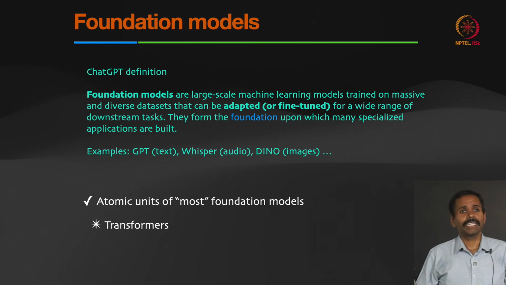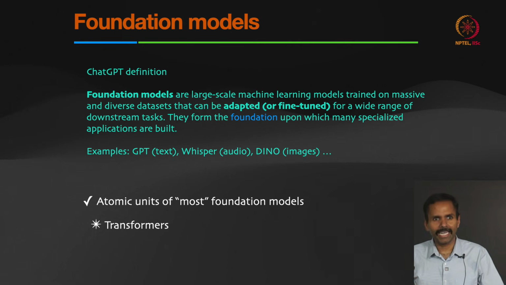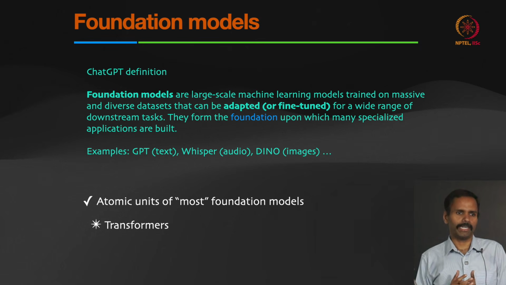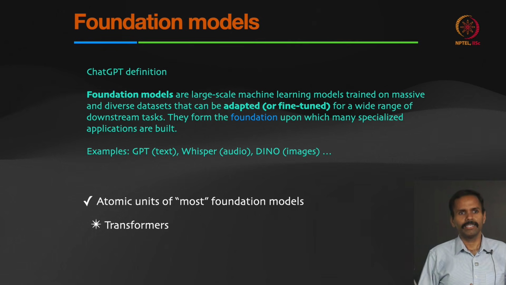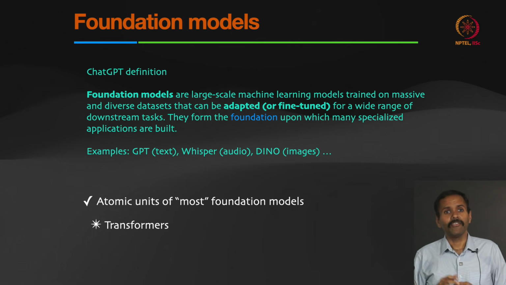So these are large scale models, and they are trained with massive and diverse data sets. But that is not the reason to call them foundation models. The primary reason to call them foundation is because they become the bedrock, they become the starting point, they become the foundation to branch out various other modeling steps, architectures, tasks, applications, etc. Various other specialized tasks and applications can be built on top of this.